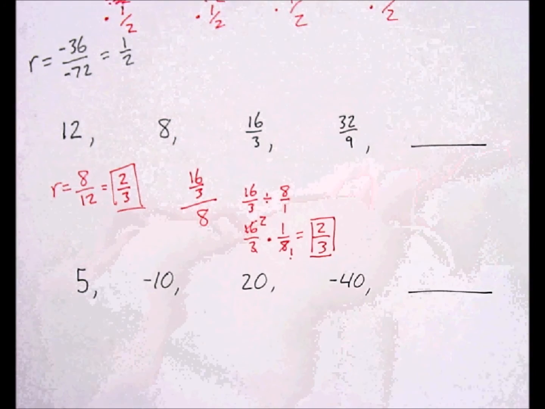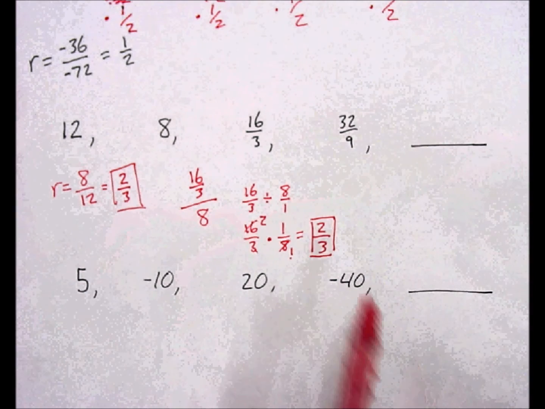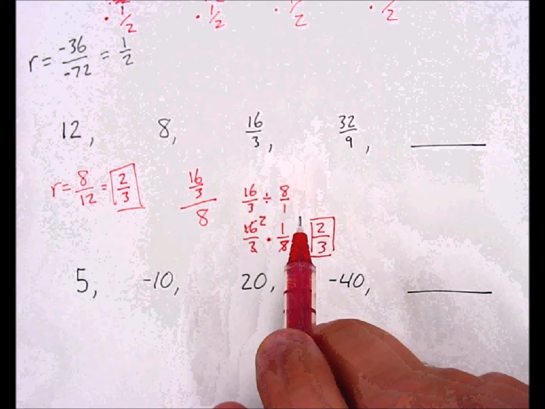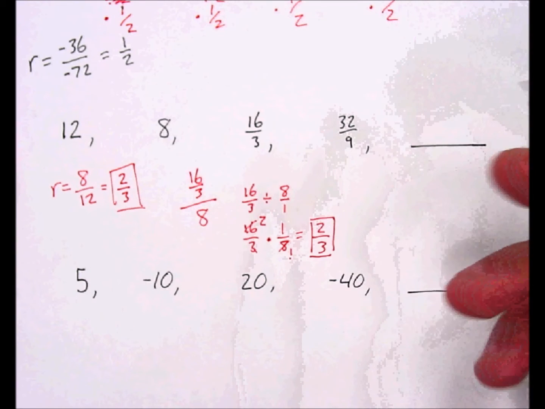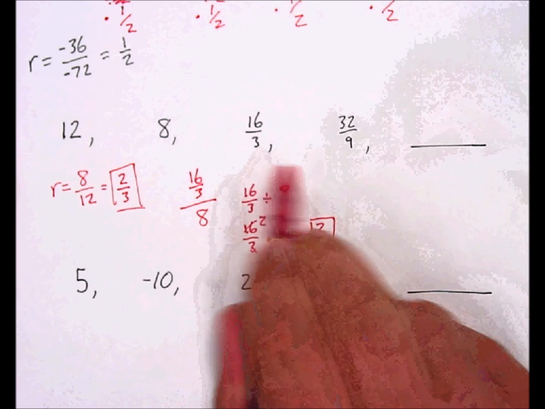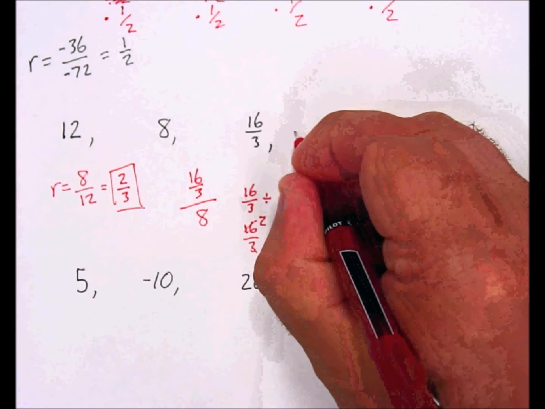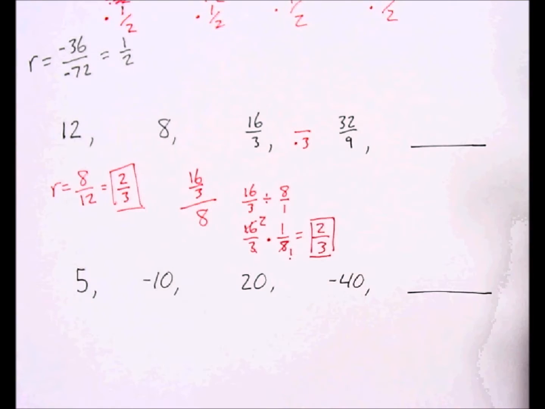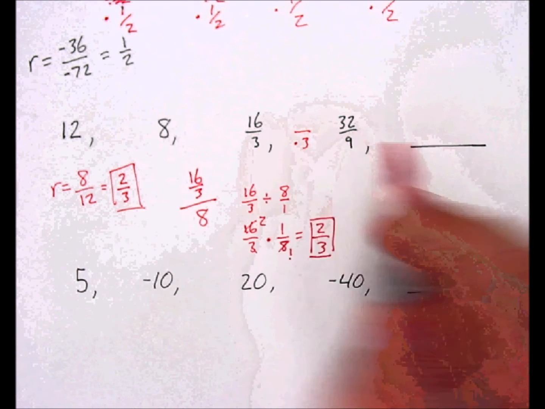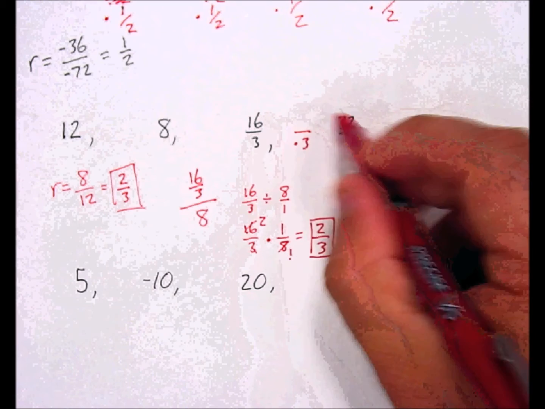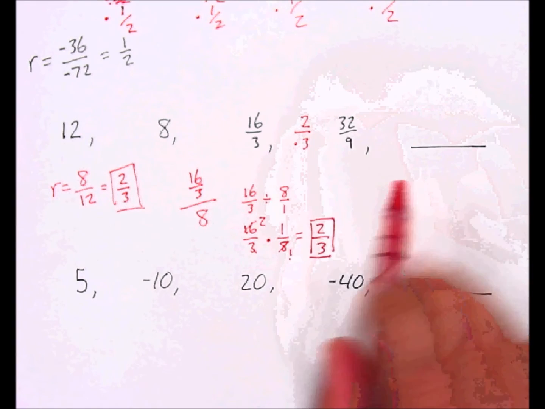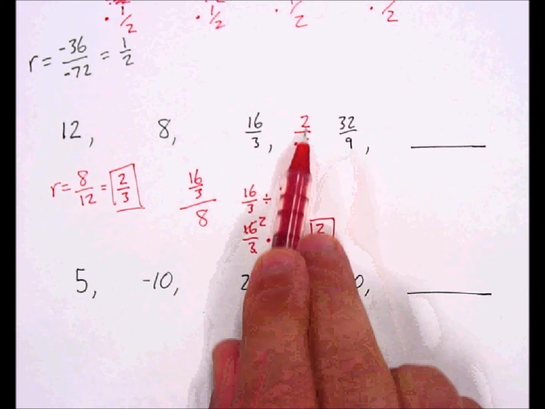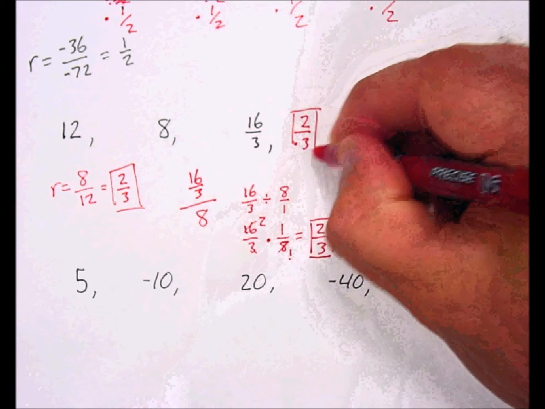And if you want to double check a third time, you can to see if it keeps going. And I know most people don't like fractions, but sometimes fractions are the easiest way to find this common ratio. And I'll show you what I mean by that. How do you turn this 3 into a 9? Well, you would go times 3, right, on my denominator. How do I turn a 16 into a 32? Well, I'd have to go times 2. And so if I take what the numerator multiplies by and what the denominator multiplies by, that's another way to find that common ratio of 2/3.